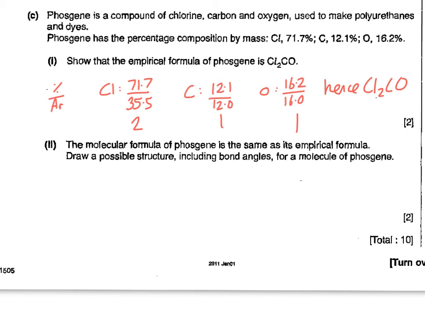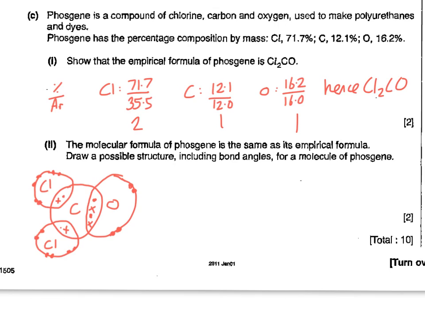So the next part of the question tells us that the molecular formula of phosgene is exactly the same as its empirical formula, so it's also Cl2CO. So it says, draw a possible structure including bond angles for a molecule of phosgene. So to help myself along, what I've done is I've done a dot cross diagram. Even though the question doesn't ask for a dot cross diagram, phosgene is a new molecule again.